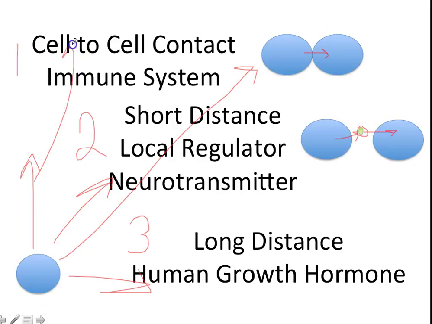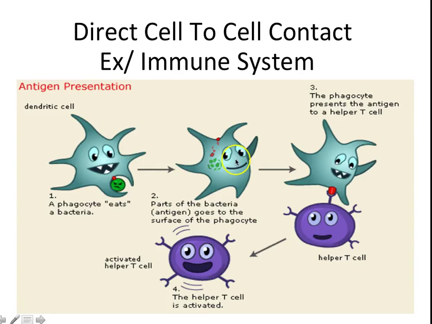It's your Snapchat story. It's saying, here I am, and here's my message, and whoever wants it or needs it can have it. This cell is having a long distance communication, and the example we are going to talk about today is human growth hormone.